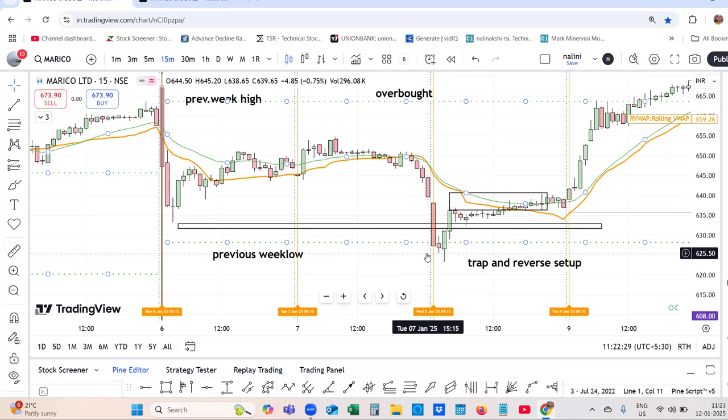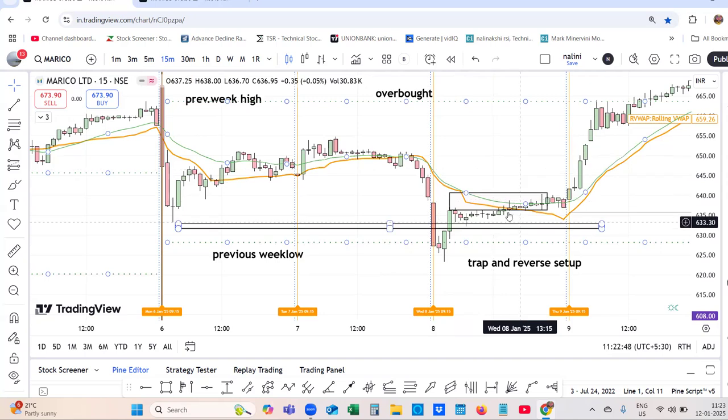So when they saw the level breaking below the weekly level, they started selling. These late sellers were trapped, and the market reversed. This was one combination setup I used with the moving average as well as the rolling volume weighted average price.